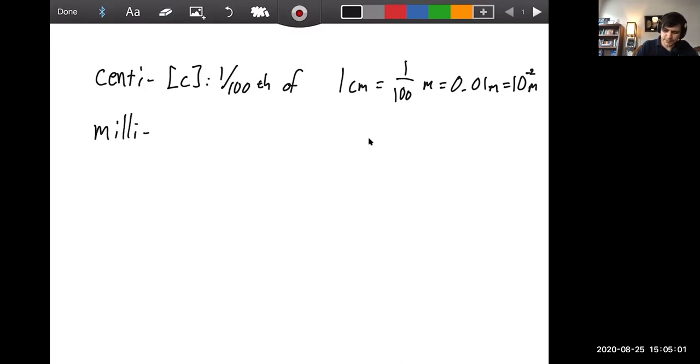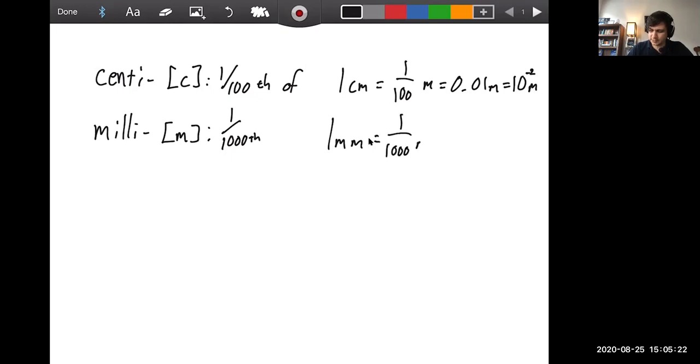Milli means, and we use a lowercase m, means 1/1000th of something. So 1 millimeter equals 1 divided by 1,000 meters equals 0.001 meters equals 10 to the minus 3 meters, a thousandth of a meter.